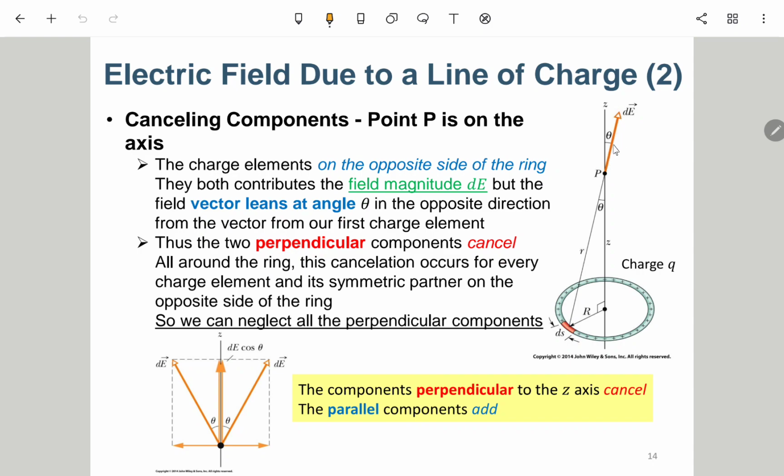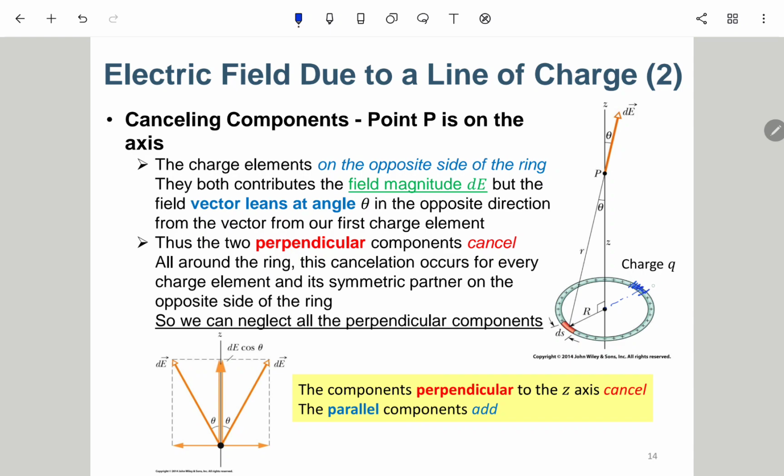Of course, if we only have this dE, we cannot cancel anything, but hopefully, as this is a perfect circle, we can always find the symmetrical part somewhere here.